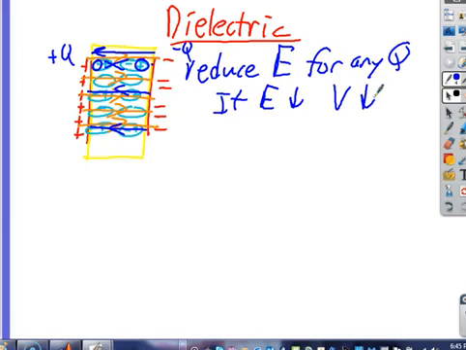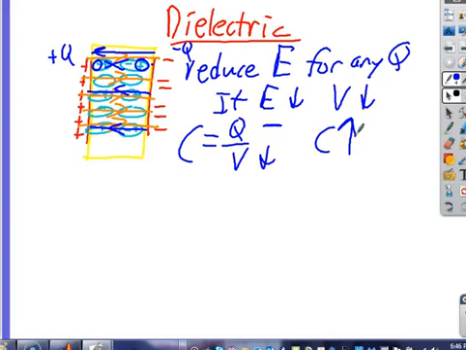Why is that important? Well, for any constant Q, if V is smaller, that means capacitance is bigger. So I can store more charge with less voltage.